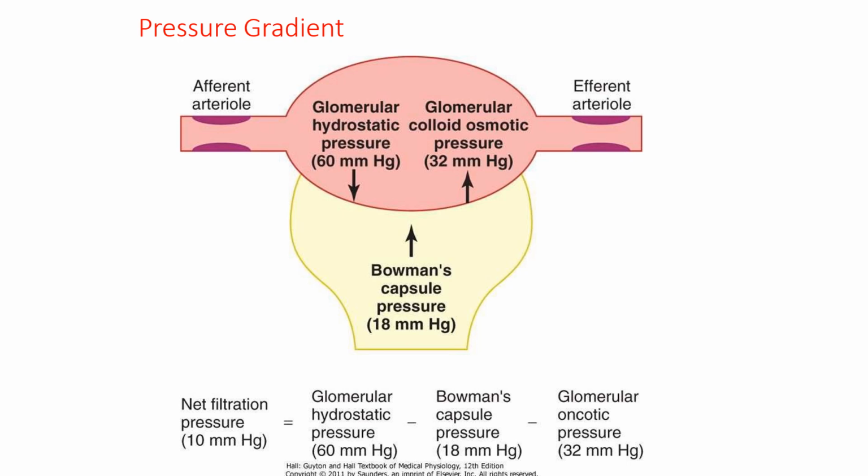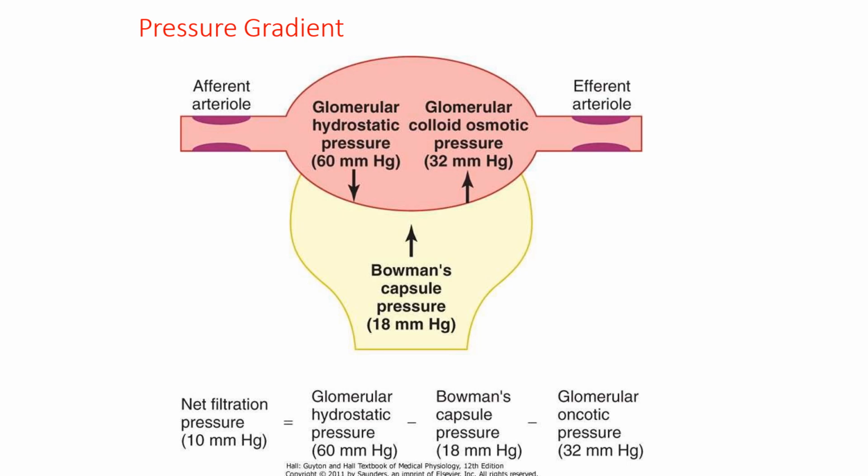Here you can see the values: the capillary hydrostatic pressure is 60, and the capillary oncotic pressure is 32. The capsule hydrostatic pressure, or Bowman's capsule pressure, is 18, which opposes the filtration formation, and the capillary colloid oncotic pressure also opposes the filtration.